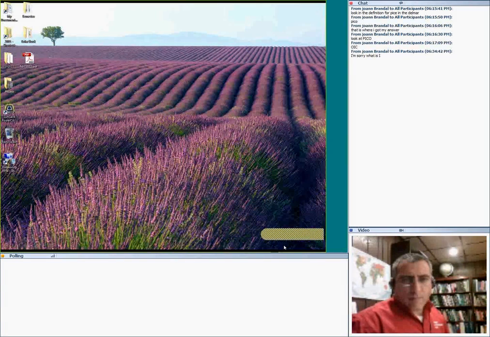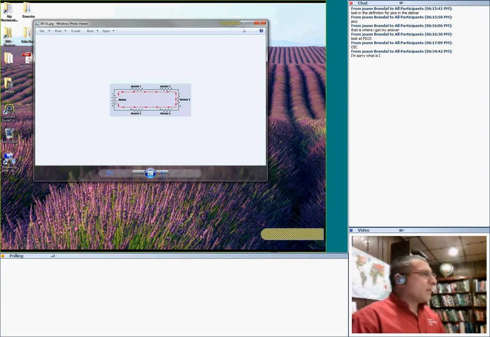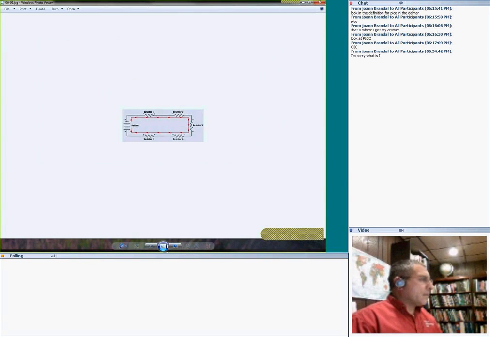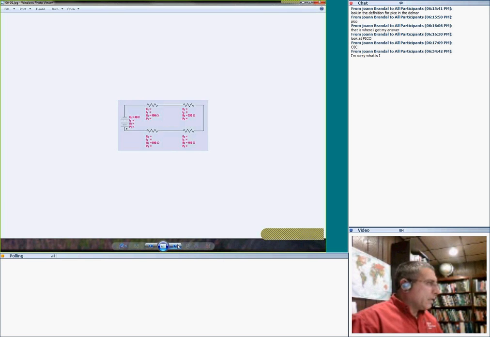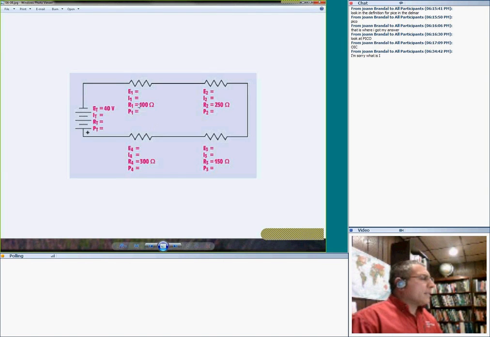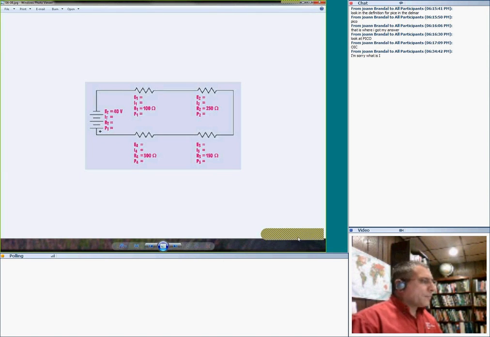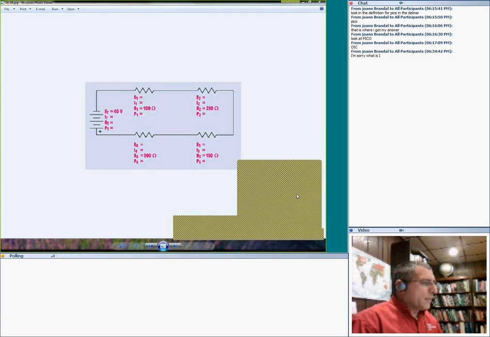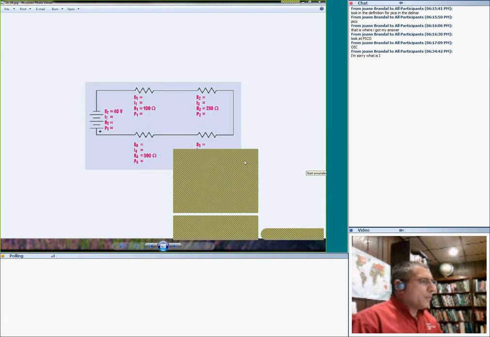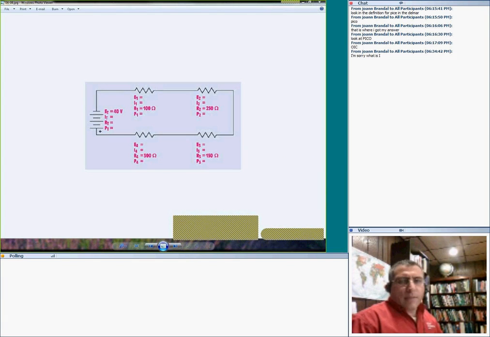Oh, let me bring it up one more time. I closed it accidentally. Alright, so I need the one. There you go. This is the example that we have. Let me put it here, grab it and put it on this side.